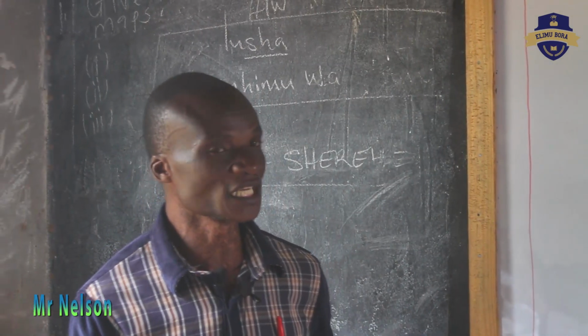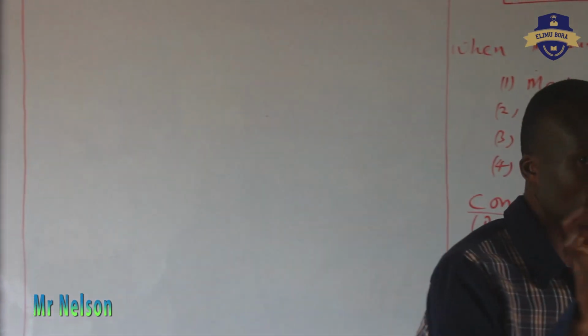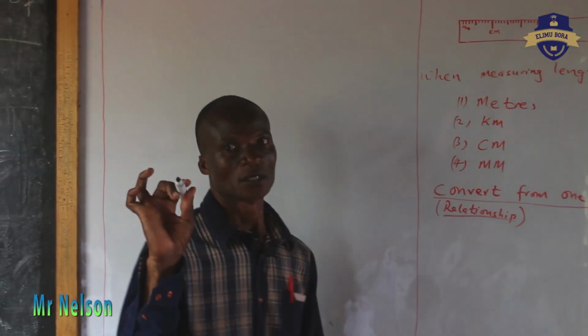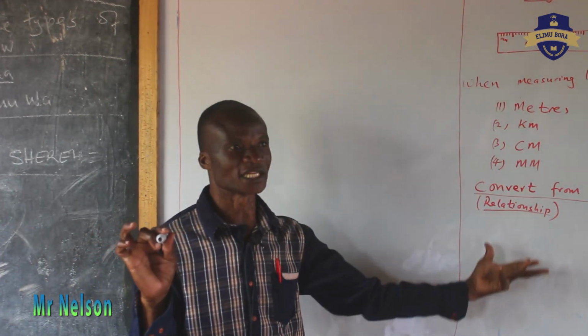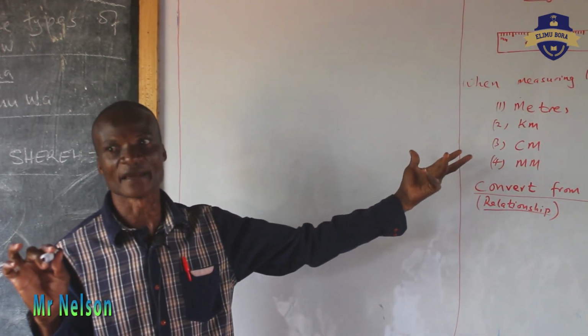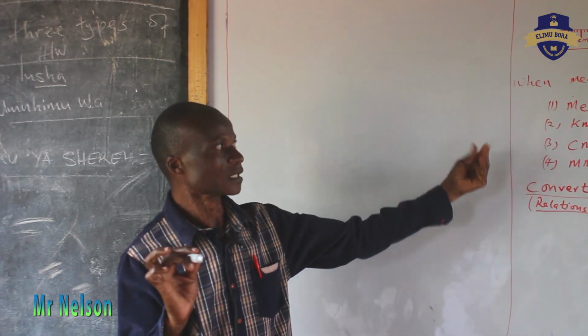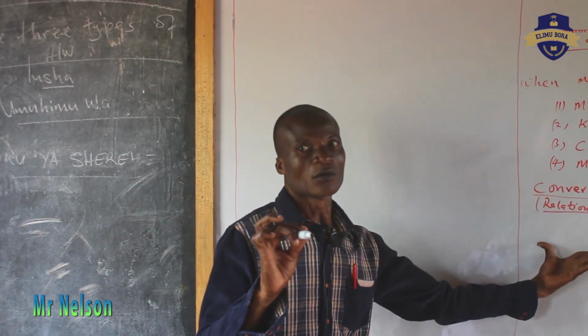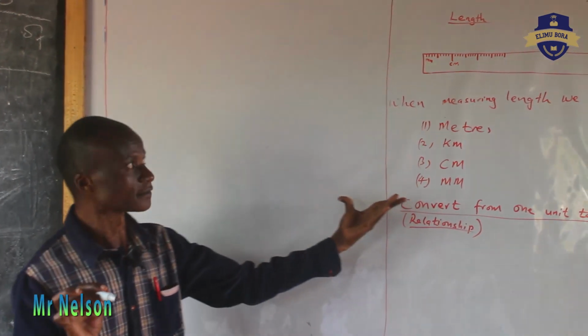Let us proceed from where we left. We were saying we want to look at the relationship. When you are measuring, we use those units. So we want to look at what we were saying. Which is the smallest unit when you are measuring?